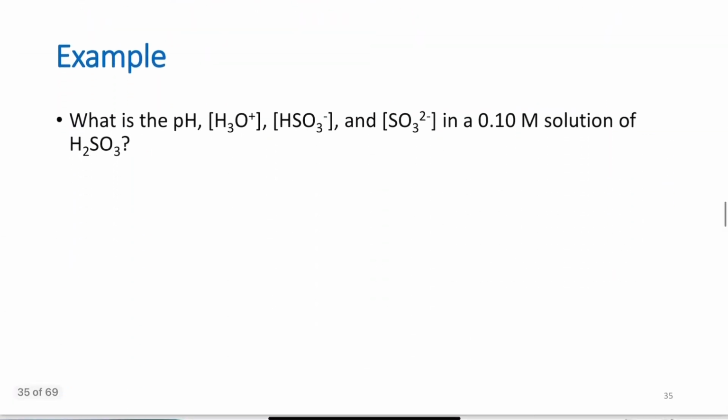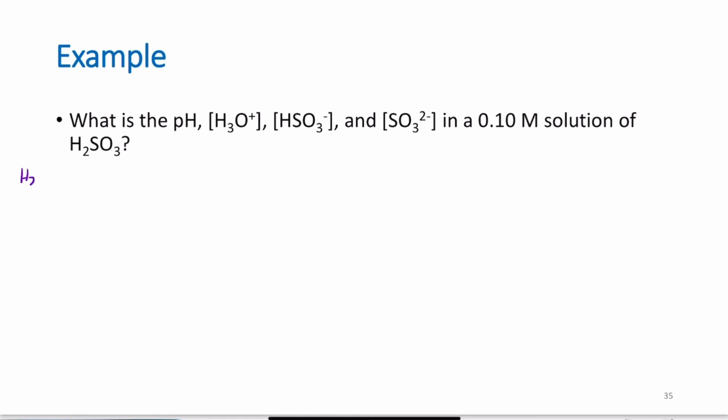So let's work an example. What are the pH, H3O plus, HSO3 minus, and SO3 2 minus concentrations in a 0.10 molar solution of H2SO3? It's a big problem, lots of things going on, so let's work one by one. First, we've got an H2SO3 solution.